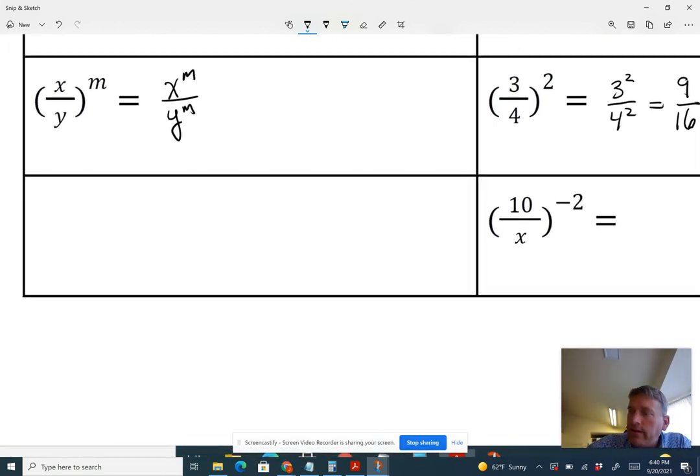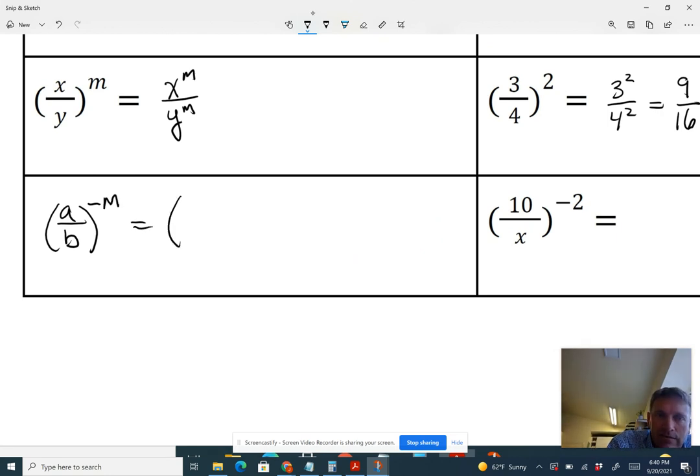And then finally, if I have a quotient like a divided by b raised to a negative power, let's say negative m, that's the same as, and you can just flip them, b over a raised to the m power. So getting rid of the negative in the exponent just switches your numerator and denominator.